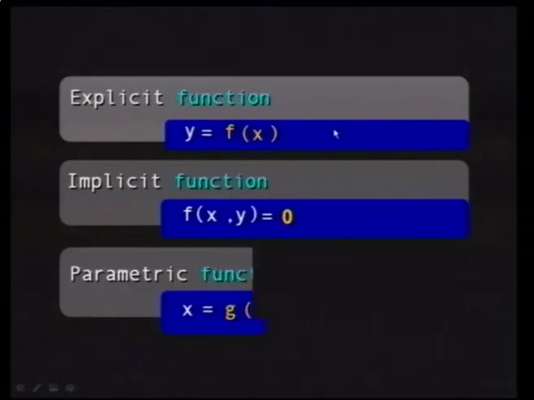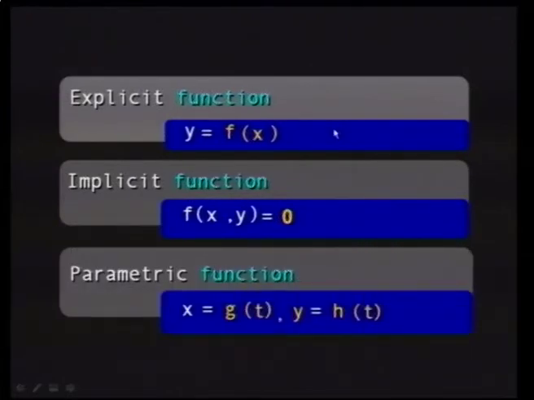So e to the xy, you have x and y together. You don't isolate x from y. And sometimes when you try to isolate it, you can't do it. I mean, in simple situations, yes, you can transform an implicit function into an explicit one. But in most situations, you can't. It's difficult to solve x in terms of y or y in terms of x. And then you have a parametric form of function like this one here.